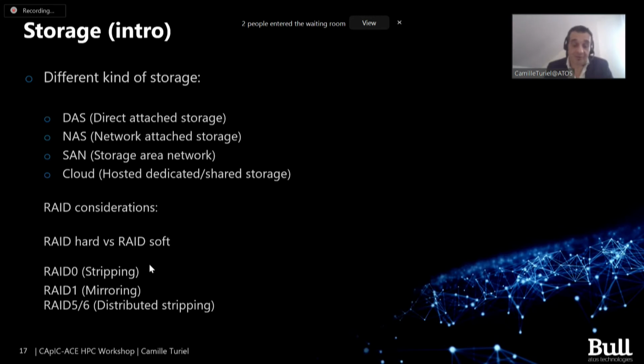And if you are lucky enough and your computer has an M2 port, and this M2 port is native PCI, you can get terrific performance by replacing your hard disk by an M2 PCI or M2 NVMe. This is really nice to try. And indeed, the reliability does not compare with a mechanical disk.